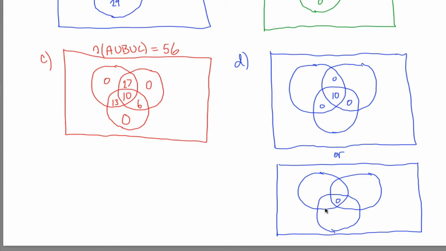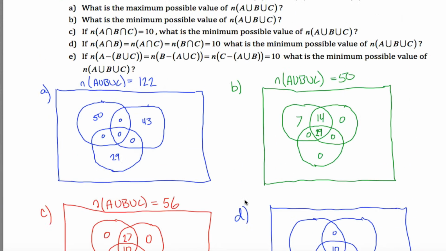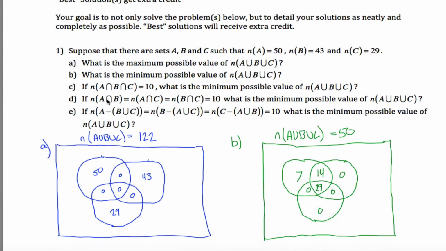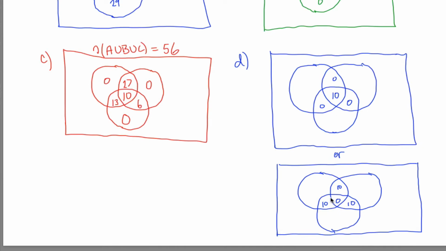Note that either way, I'm satisfying this criteria where the intersection of A and B is the same as the intersection of A and C, which is the same as the intersection of B and C in terms of their cardinalities. They're all equal to 10 in these two pictures.